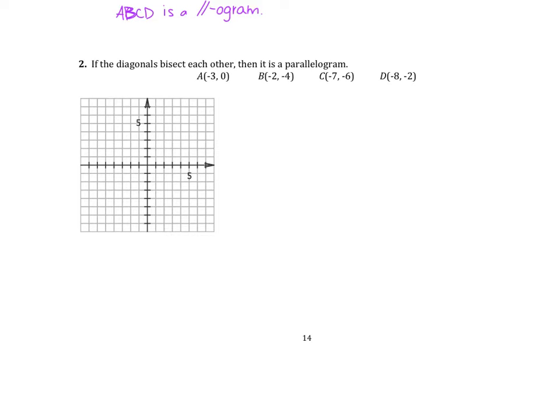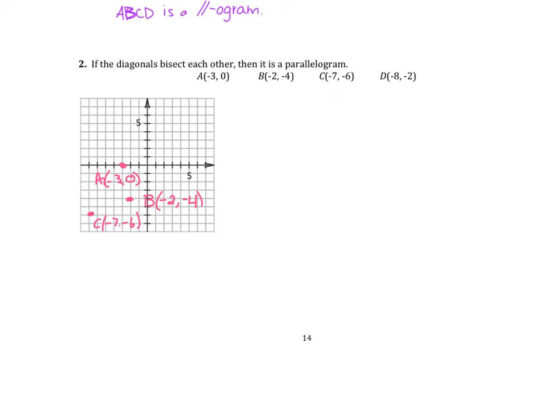So let's go ahead and draw it. A is at -3, 0. B is at -2, -4. Actually, I'm going to put this on the other side because it looks like this parallelogram is going to be going to the left. C is at -7, -6.